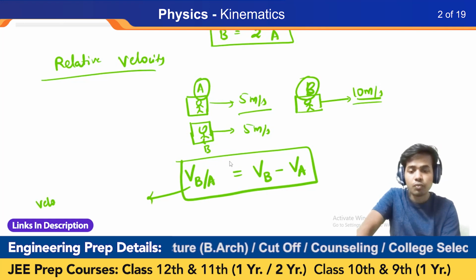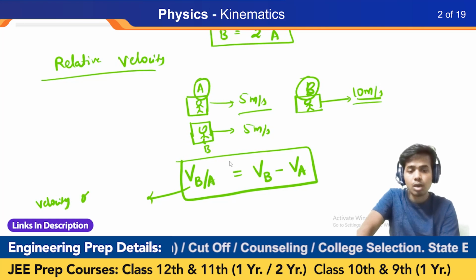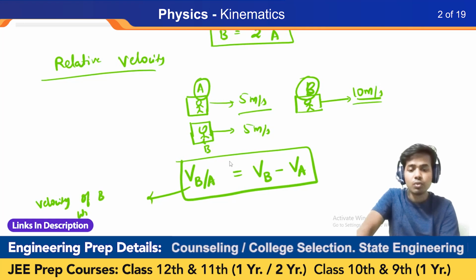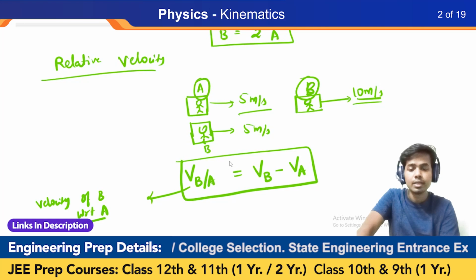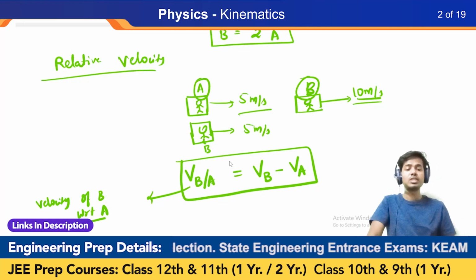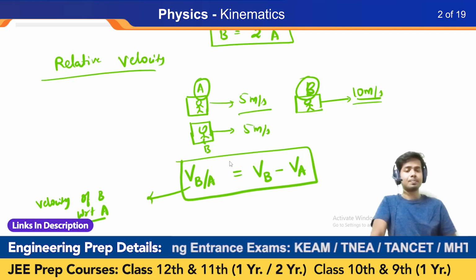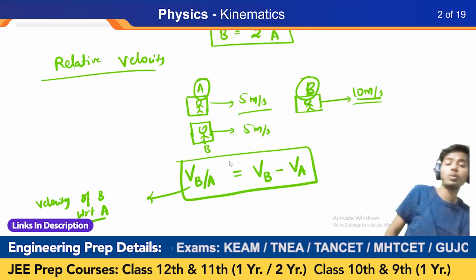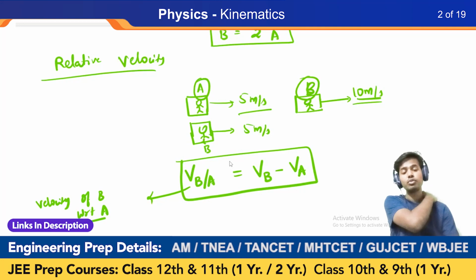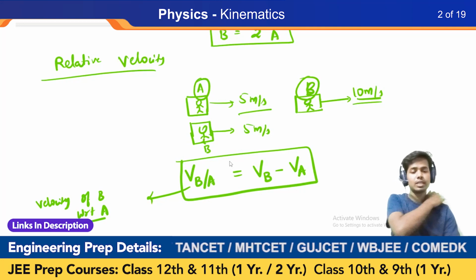This is velocity of B with respect to A. It means velocity of B if the observer is A. Alright. So if the observer is also moving, then you have to take care of the relative velocity.